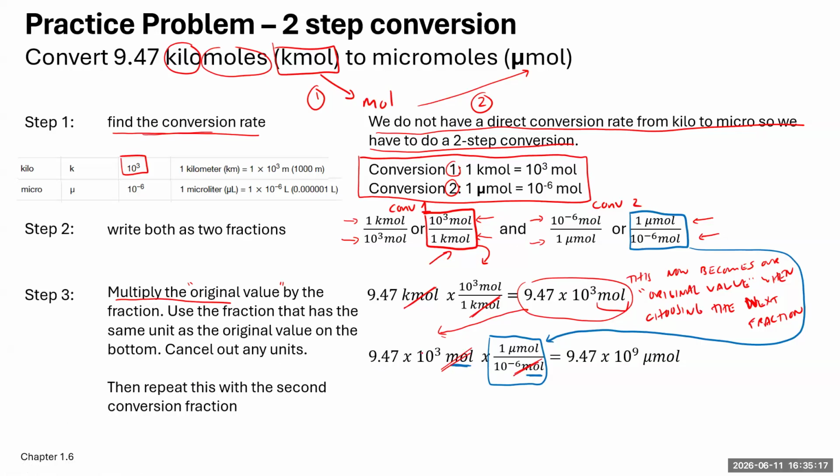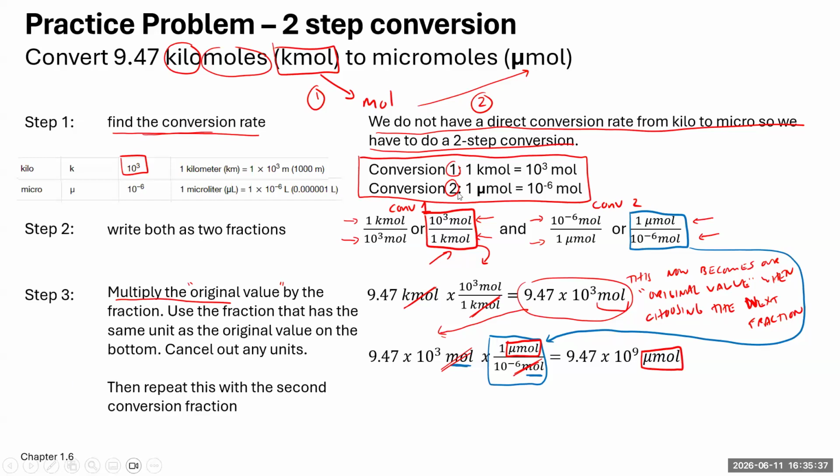And you do 9.47 times 10 to the third divided by 10 to the negative 6. But look what units we have, right? We have micromoles because micromoles did not cancel out, and it's on the top of that fraction.